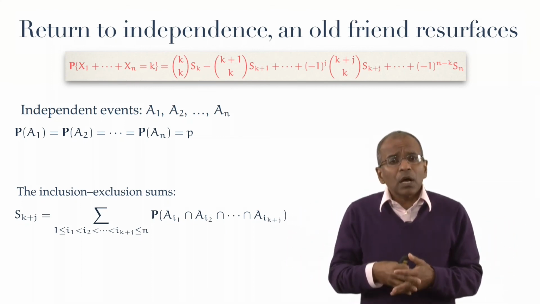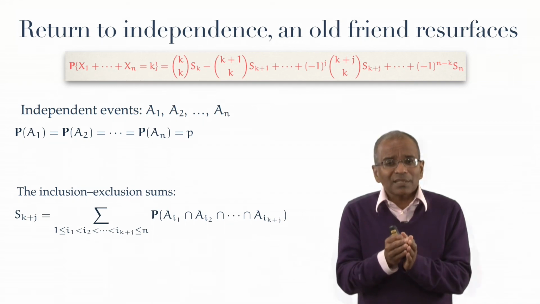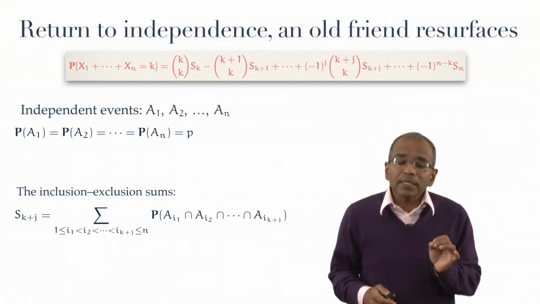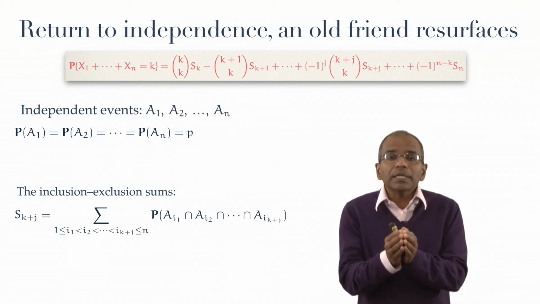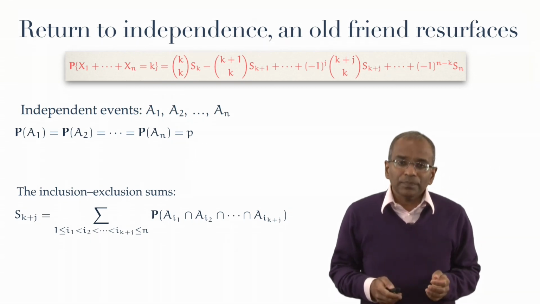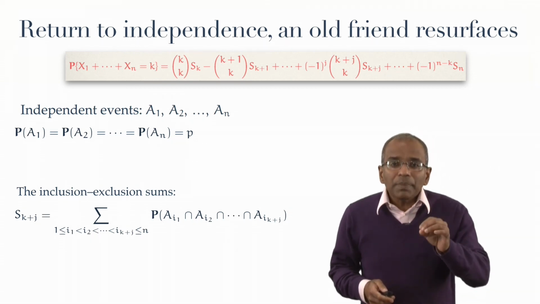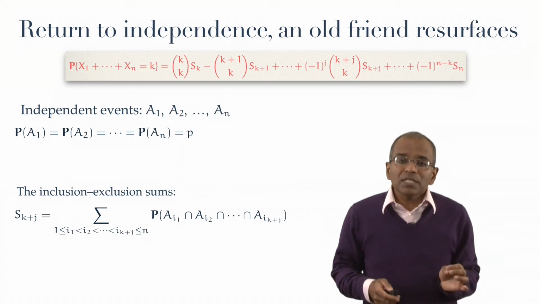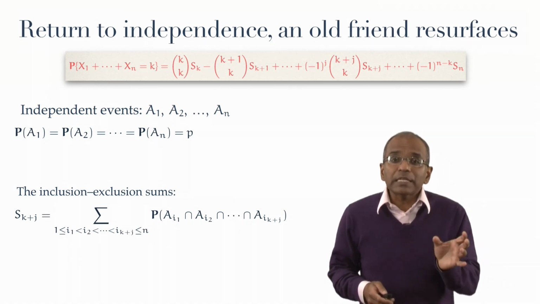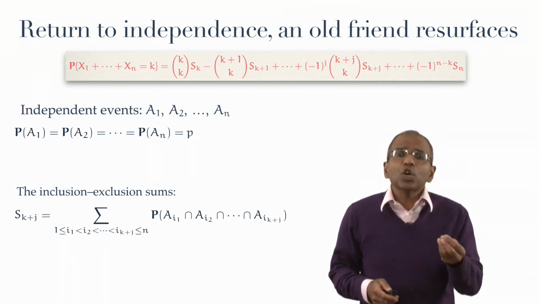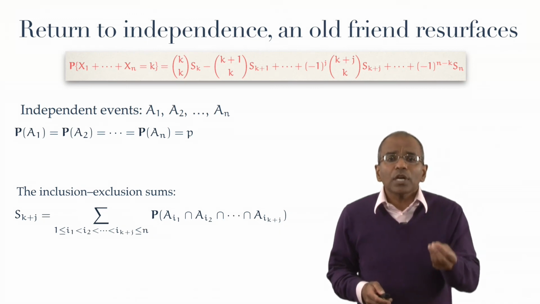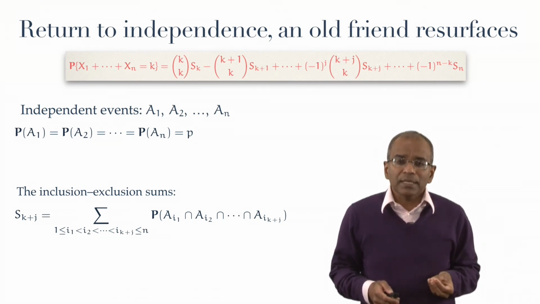Okay, now where does this lead us? The summands on the right deal with the probability of an intersection. Independence is a rule of products. The probability of an intersection in this case is going to be exactly the product of the individual probabilities.